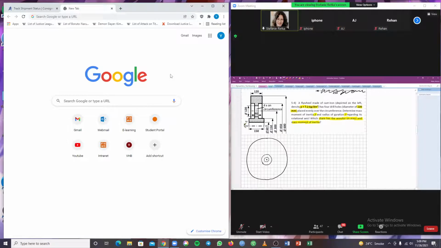And then like this. And we have the 4 drill holes. Like this. And it rotates in this direction.